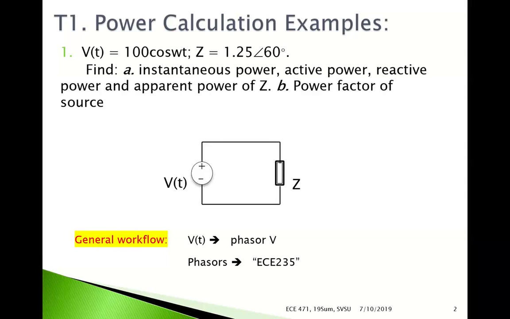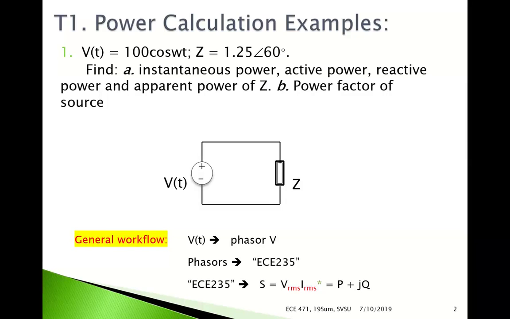And here we might apply all of the principles we learned from circuit class, like Ohm's law, voltage or current dividers, and KVL or KCL, and then from there we can find whatever voltage or current we need for calculating the power. And then from the power, we need to be very clear.